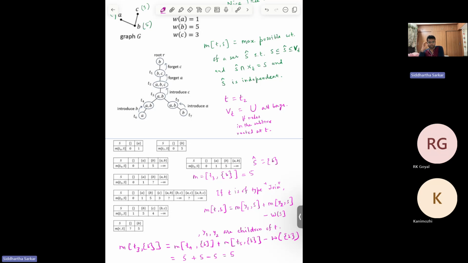One is the unweighted version, where all the nodes have the same weight. That means you can think of a weightless situation where all the nodes have exactly the same value. Then it is called the unweighted maximum independent set, and the objective is to select the maximum number of nodes such that no two nodes have an edge between them.